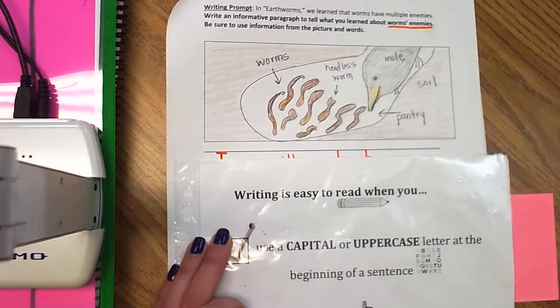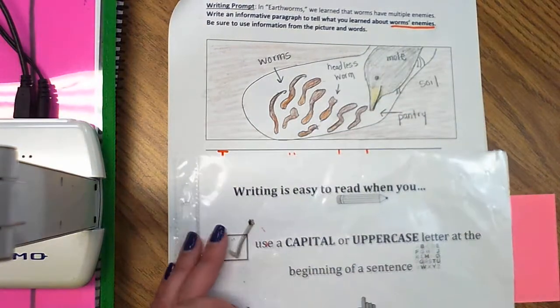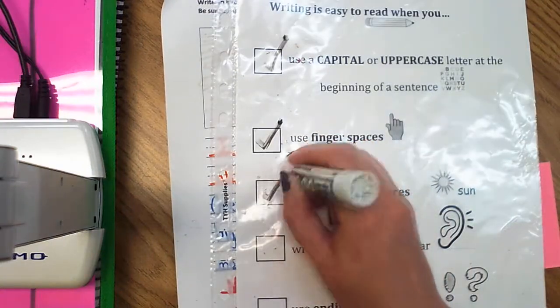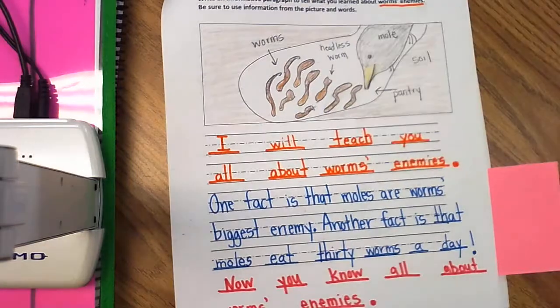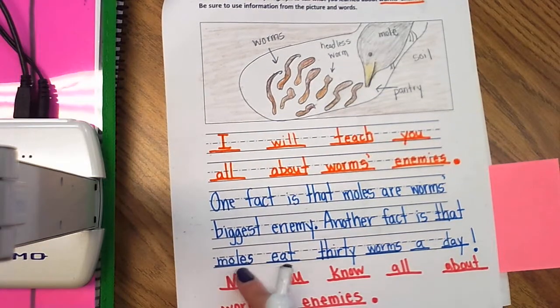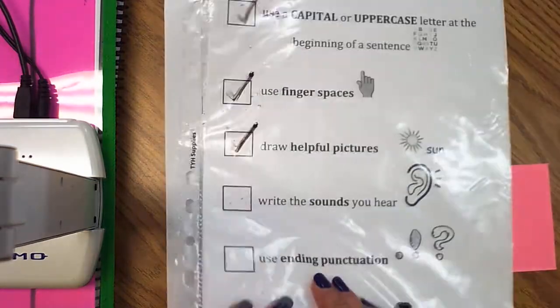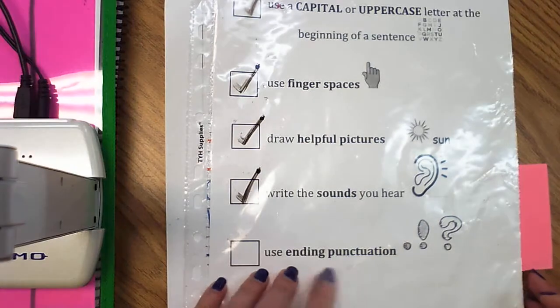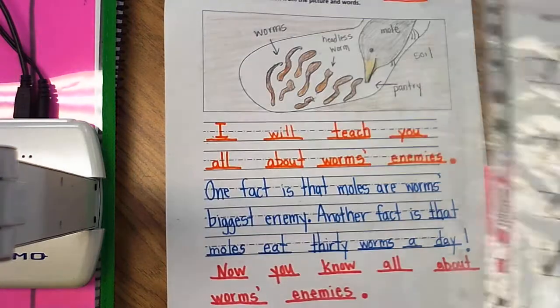Did I draw helpful pictures? Well, if you drew a teaching picture that's not only realistically colored, but is also labeled, then yes, you absolutely drew helpful pictures. Did I write the sounds I heard? Yes, I did. When I got to the word moles, I said moles, moles, and I wrote down all of the sounds I heard. Yes. And did I use ending punctuation, periods, exclamation points, or question marks where appropriate?